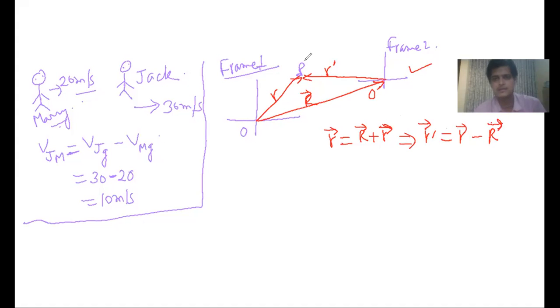Means this is the position of point P with respect to frame 1 minus the position of frame 2 with respect to frame 1.